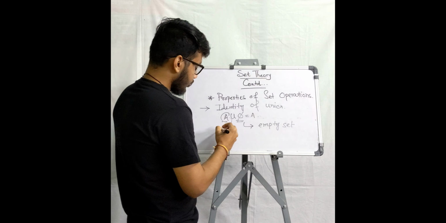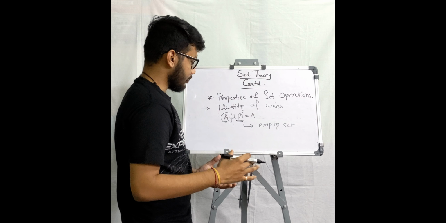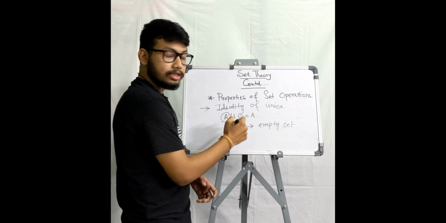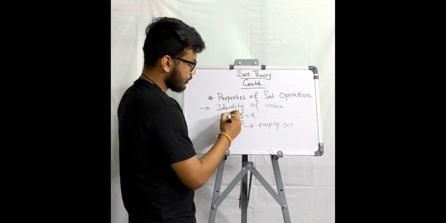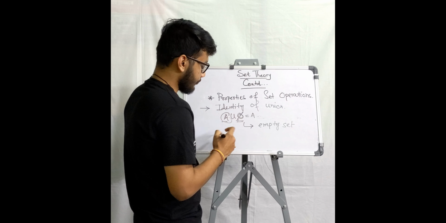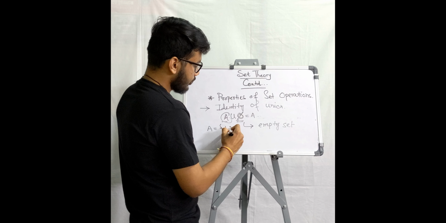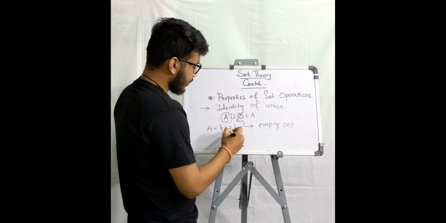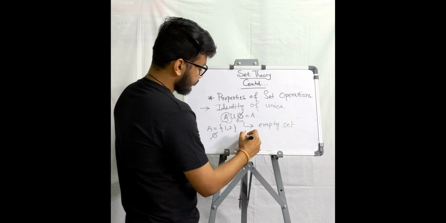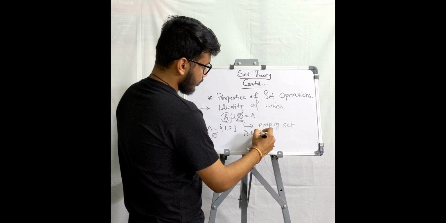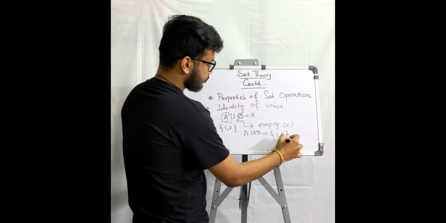Because the empty set has nothing in it, so it's going to get included, and the result we are going to get is A. For example, A is 1 and 2, and we have phi as an empty set. So if I am uniting A union phi, what I'm going to get is 1 and 2.